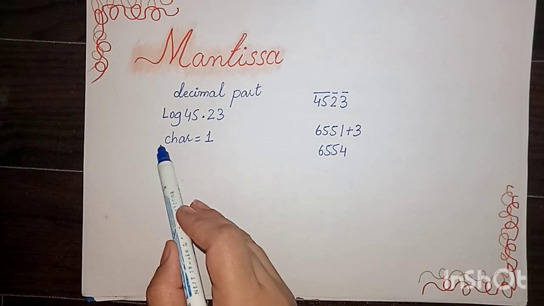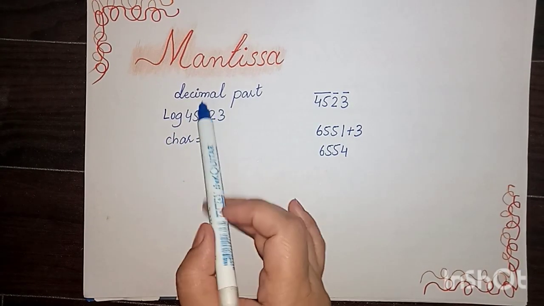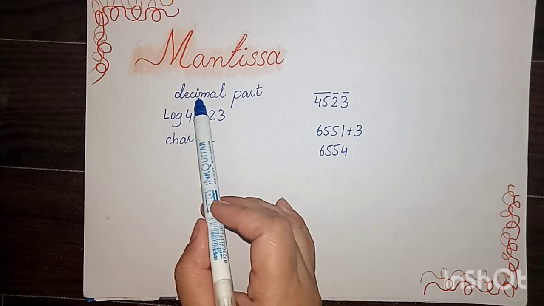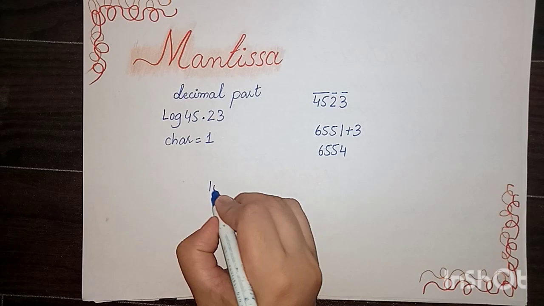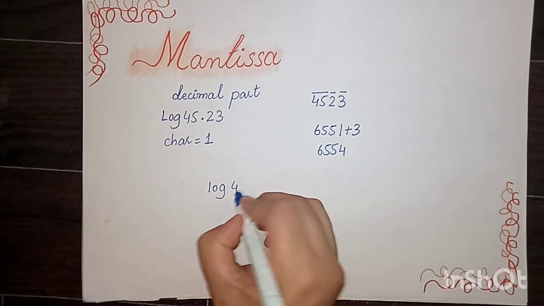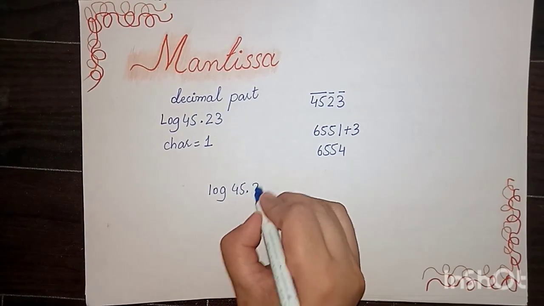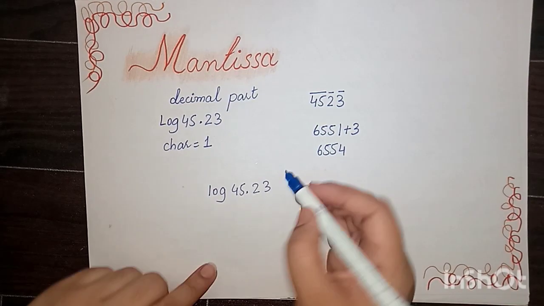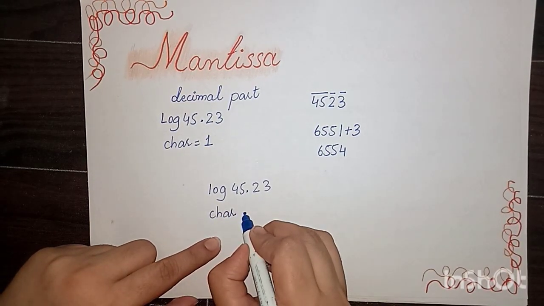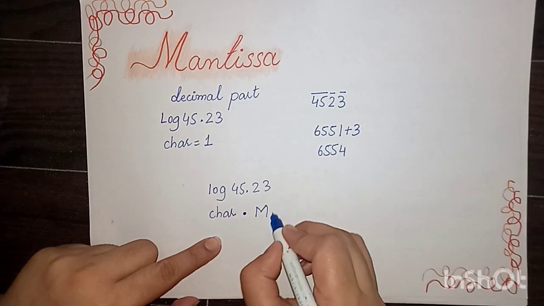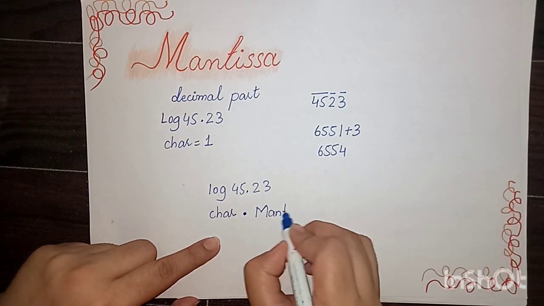Now we will see how we will write a log. Our integral part gives the characteristic, and our decimal part gives the mantissa. Now I will write log of 45.23. First of all we will write the characteristic, then the decimal point, and then we will write the mantissa.